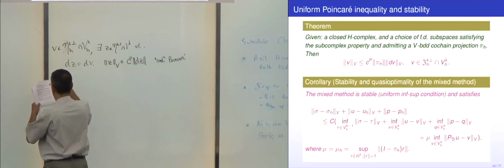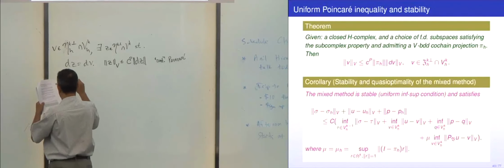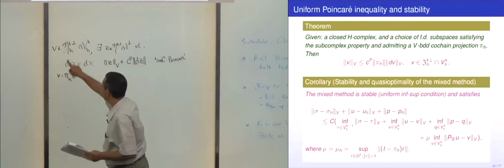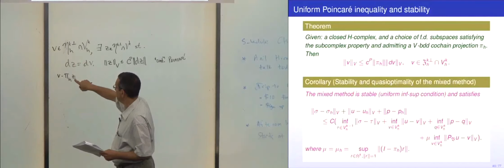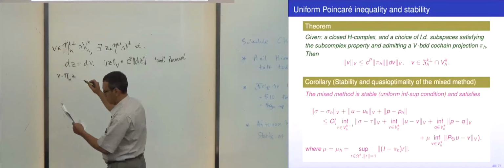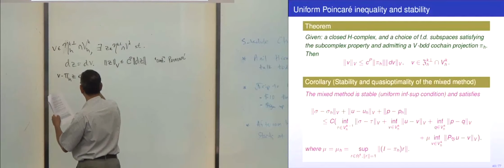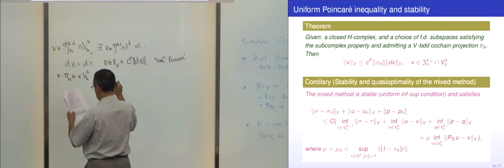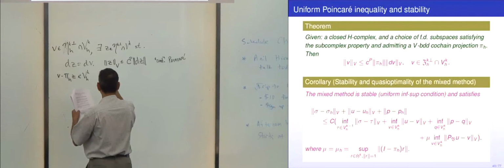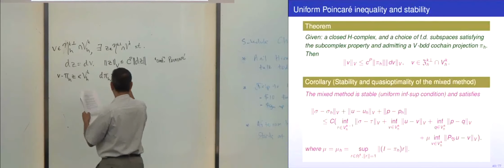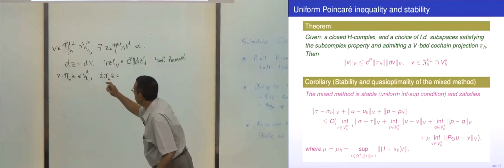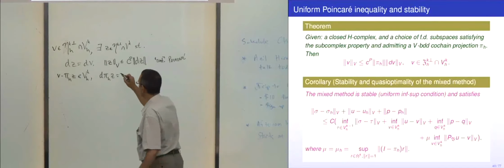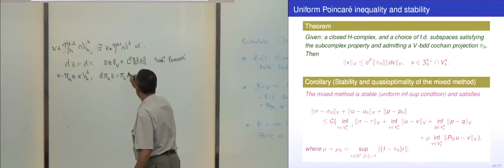Okay, now look at v minus pi^h z. So v is in the subspace, and pi^h z is in the subspace, so this is in the subspace. And let's look at d of pi^h z. Well, d commutes with pi, so this is pi^h dz.